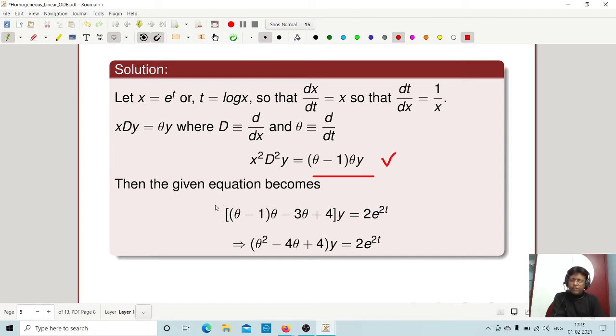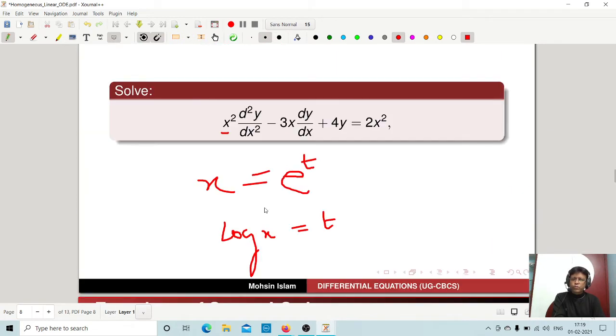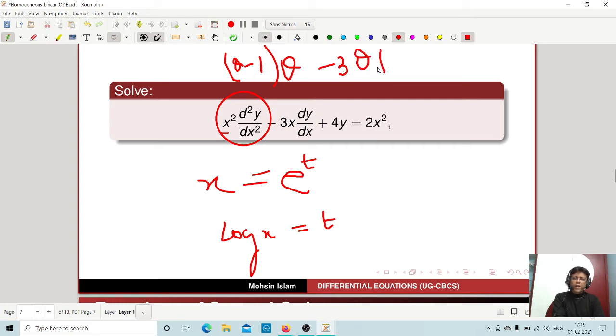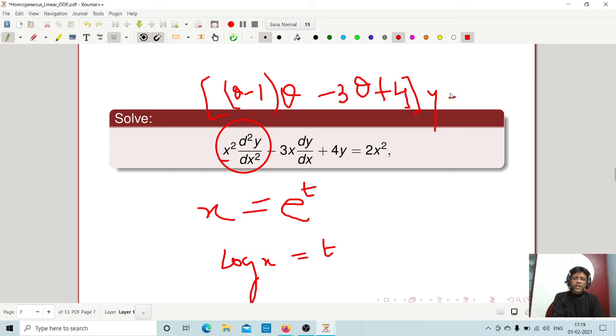Then if you substitute in the given equation, it transforms to theta minus 1 into theta, minus, theta plus 4, whole y. This is your left hand side, and the right hand side, having x squared, will be twice e to the power 2t.